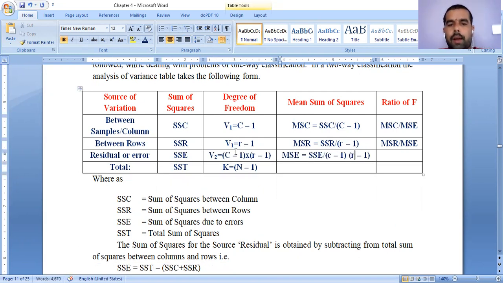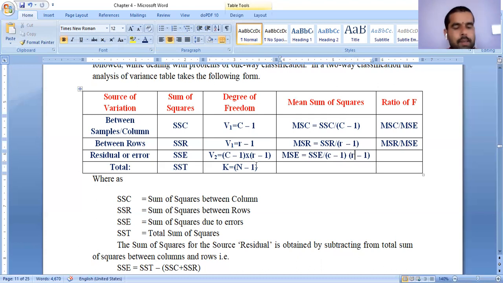Then the variance ratio of F is equal to MSC divided by MSE, then MSR divided by MSE. Then K is equal to capital N minus 1.